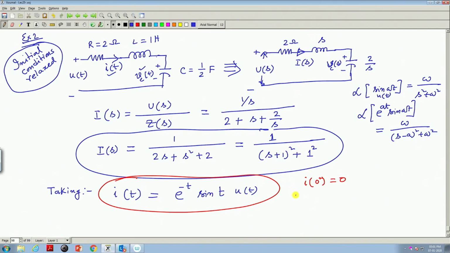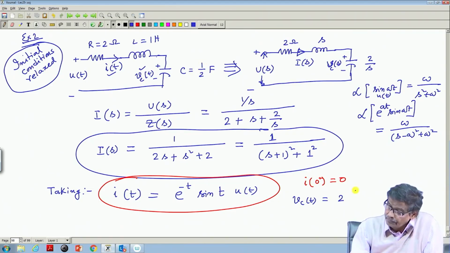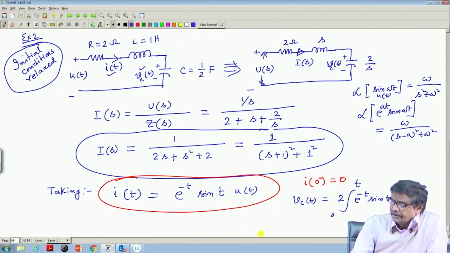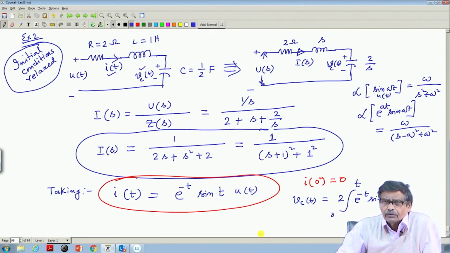Then V_C(t) at this level can also be calculated in this way: 1 by C, that is 2, half is the capacitance value, into the integral from 0 to t of e to the power minus t sin t dt. If you do this, you will get the time domain description of the capacitance voltage.